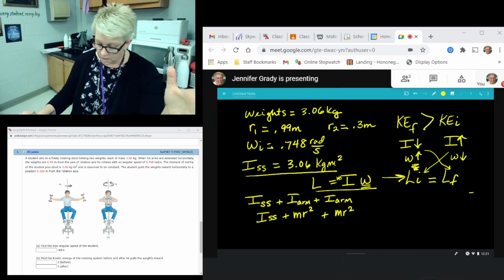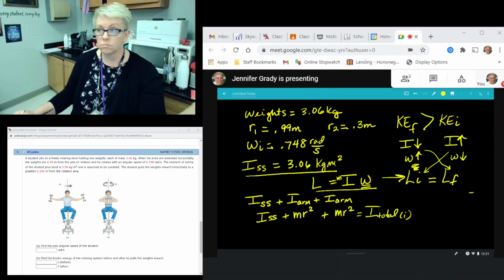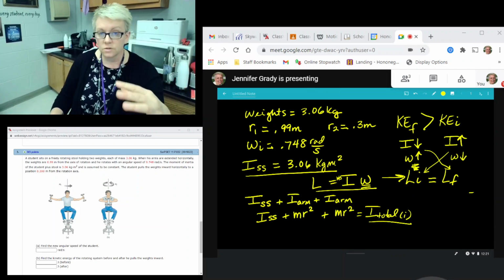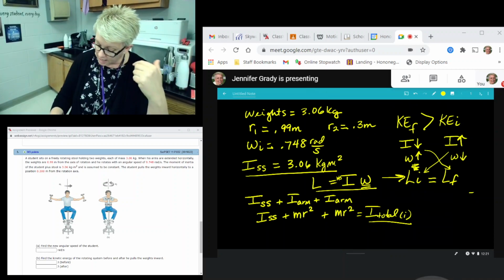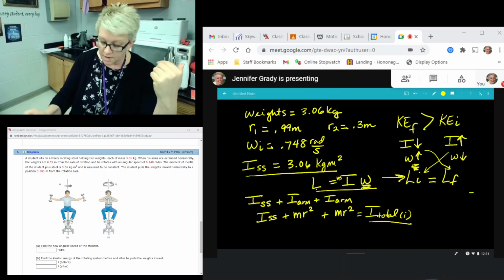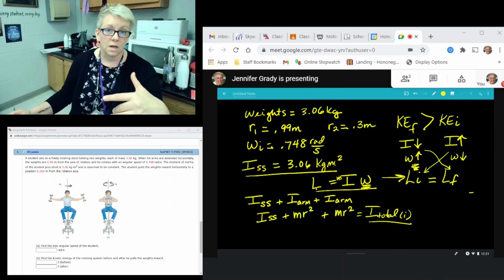Hopefully you are better on the calculator than I am. I had to do this calculation 3 times because I kept hitting the wrong buttons. Why am I not surprised? All right, so my total inertia to start with is going to be higher than the final inertia, but I do need to find it. That will let me, with my angular velocity, find my angular momentum. Why do I need that? I need that for when I pull the arms in.